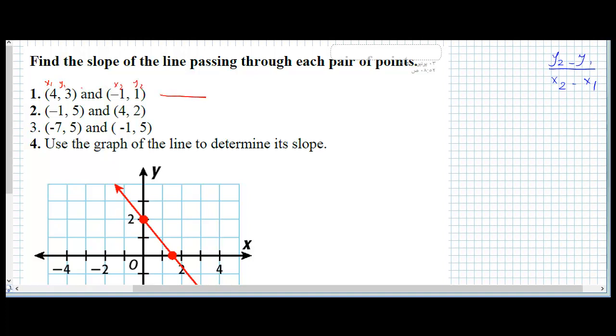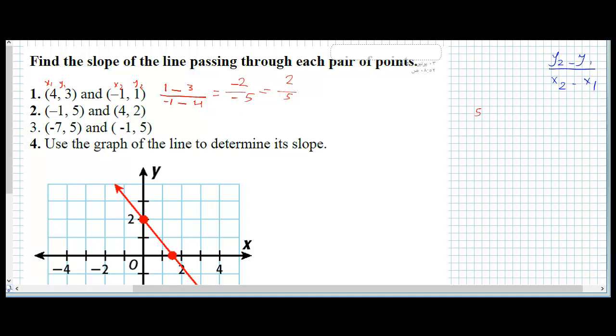Now the formula: y2 is 1 minus y1 is 3, over x2 is -1 minus x1 is 4. So this equals 1 minus 3 equals -2, over -1 minus 4 means -5. Negative divided by negative is positive, so the answer here will be 2 over 5.